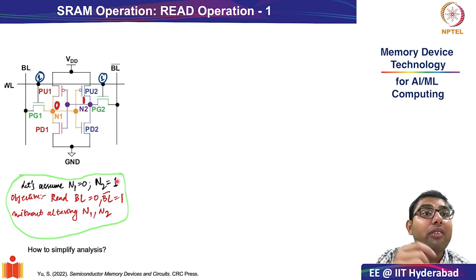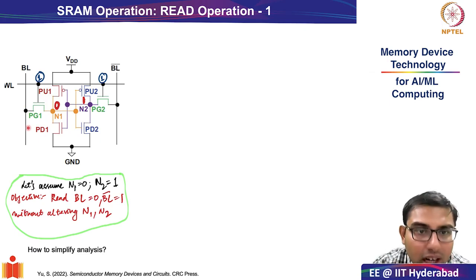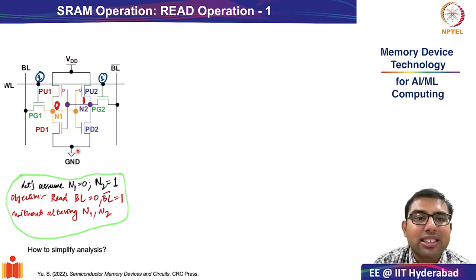And if you recall our discussion when we were looking at sense amplifier design or memory architecture design, we realized that the bitline and bitline bar are not just passing through the source of one of these SRAM cells' pass gate transistors. There are a series of SRAM cells connected to the bitline in a column-wise fashion.